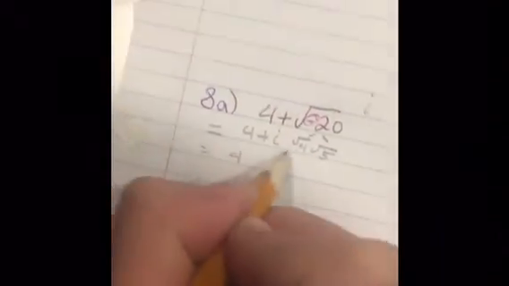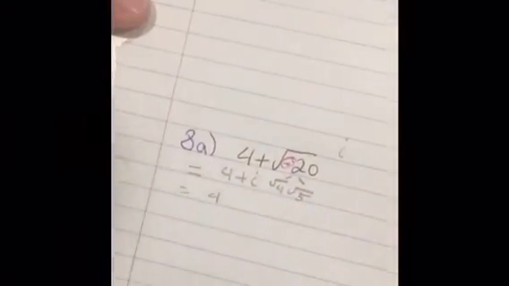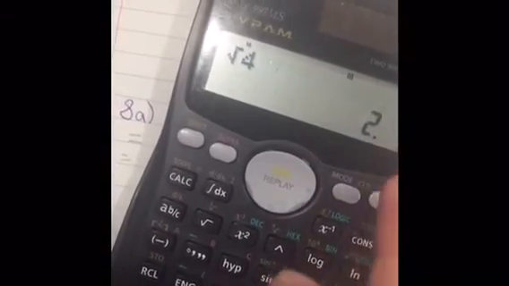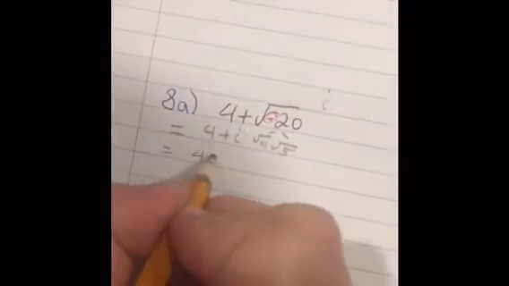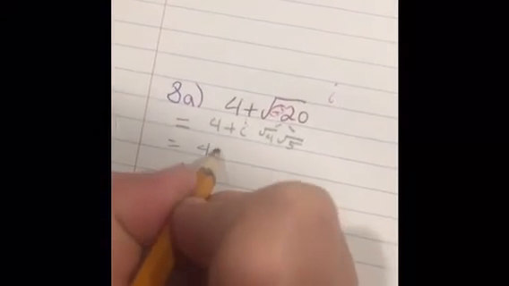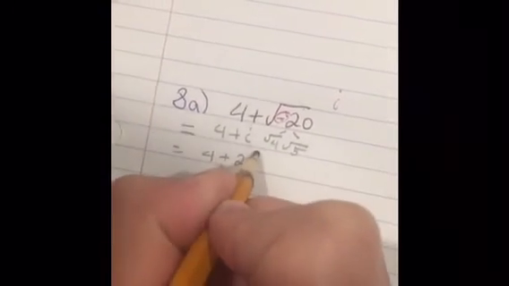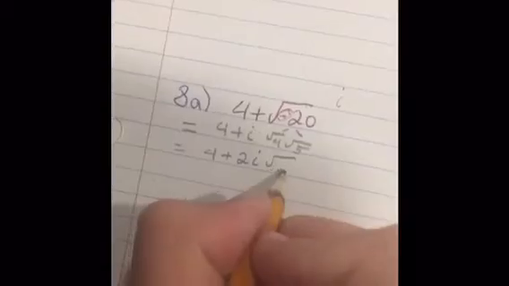The square root of 4 is 2. As you can tell, we're going to do 4 plus 2i square root of 5.